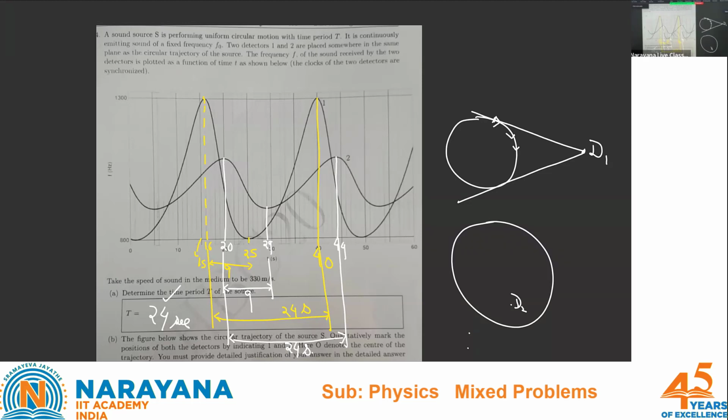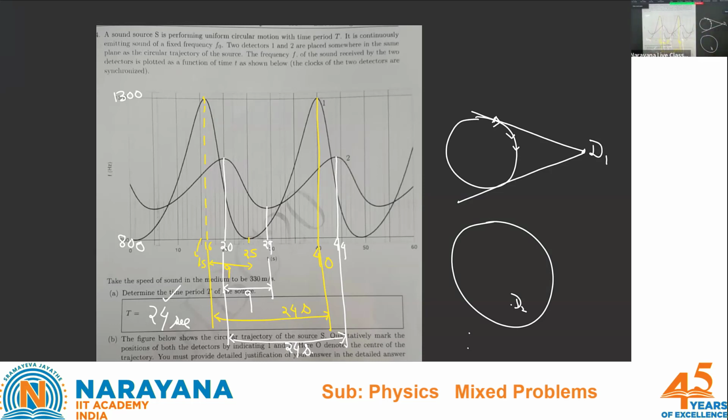For outside person or for inside person, let us try to write the possible frequencies. And one thing we need to understand, the max and the min by one of them is 1300 and 800, right? The values which are given here is 1300 hertz and 800 hertz. Max and min for one of them.